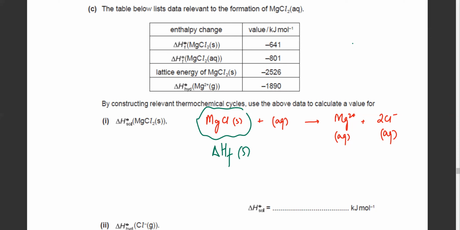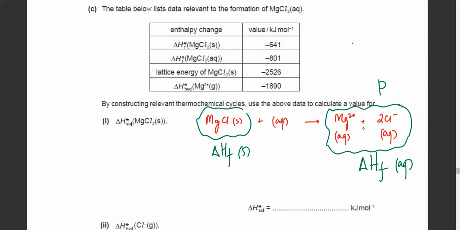Remember, this is MgCl2 aqueous. So if enthalpies of formation are given, then the formula for the enthalpy of that particular reaction would be products minus reactants.